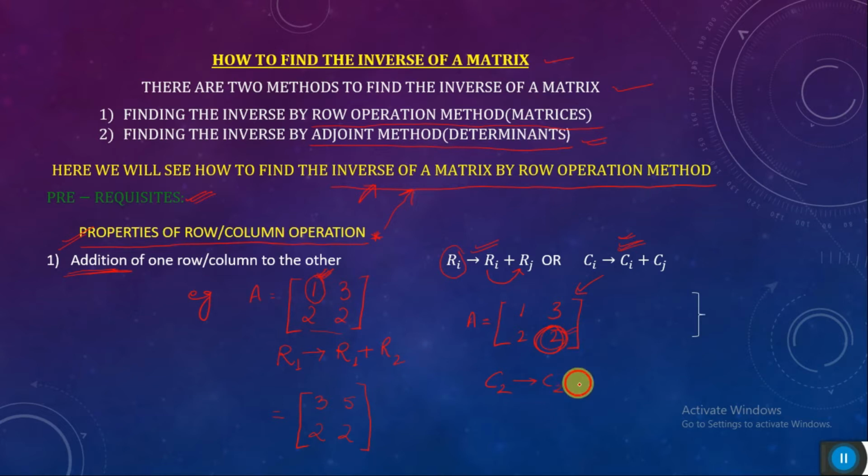So C2 plus C1. C1 is not under operation, so I will keep C1 as it is, and C2 is 3 plus 1, which is 4, and 2 plus 2 is 4. So I am getting 4 here. Now let's see the second one.